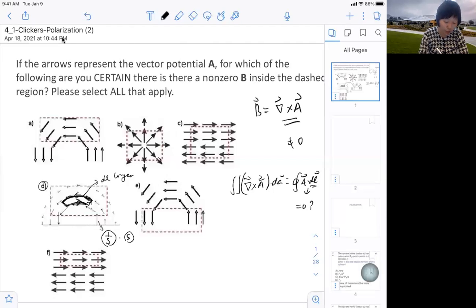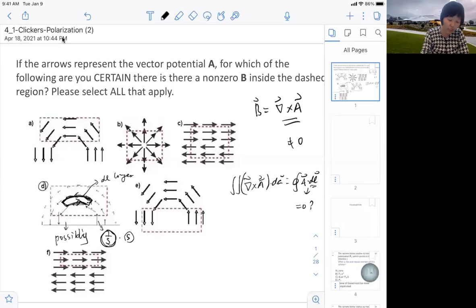But if you're not sure about this 1/s dependence, it doesn't really tell you how much it is varying. So here you can say possibly 0 curl or non-zero curl, but without the 1/s dependence, we don't know for sure.